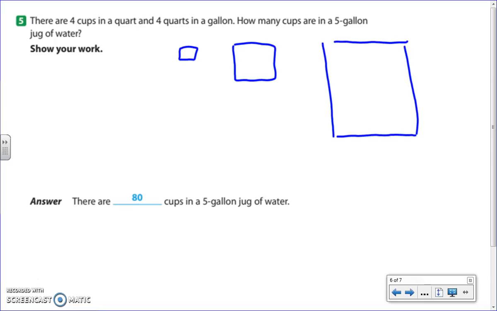If I look at it closely, we're going to call this a cup, this a quart, and this a gallon. It says that 4 cups will fit in a quart, so I could divide each of these into 4. Cup, cup, cup, cup. And each gallon has 4 quarts. So this is a quart. Each of these is a quart.